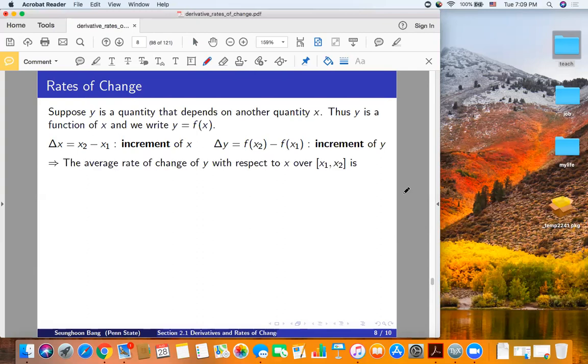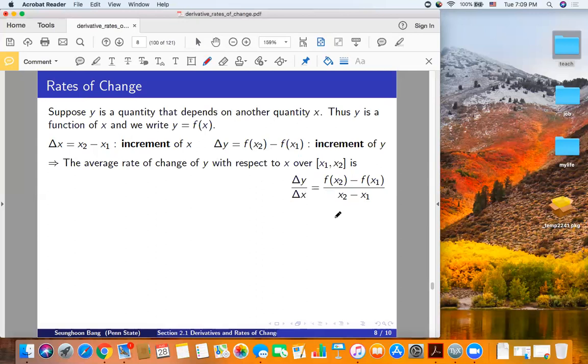So we can define the average rate of change of y with respect to x over the interval x1, x2 as exactly delta y over delta x. Delta y is f of x2 minus f of x1, you subtract. Delta x is x2 minus x1.